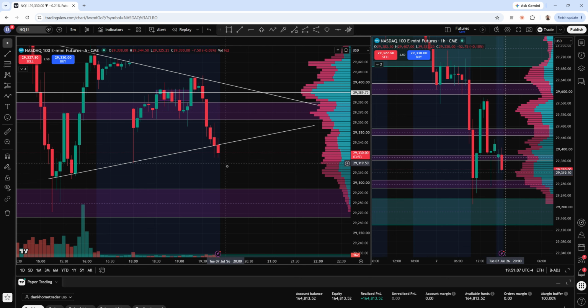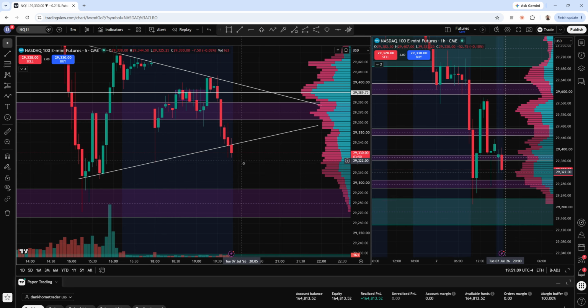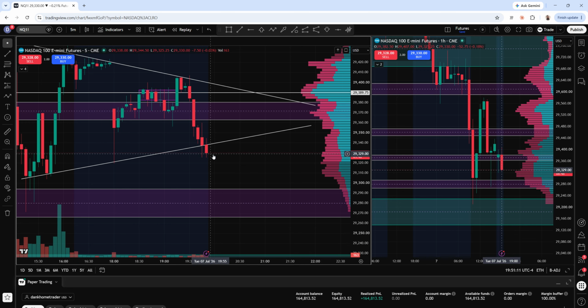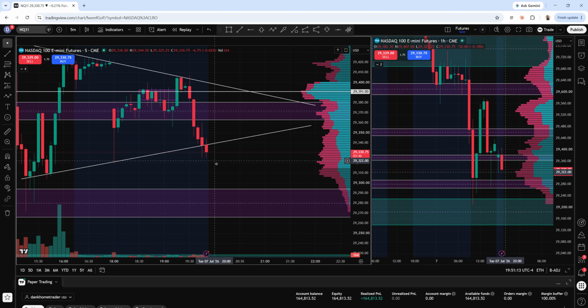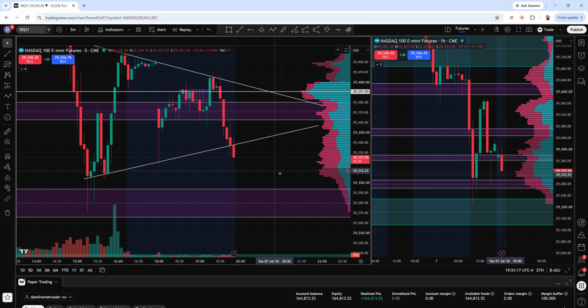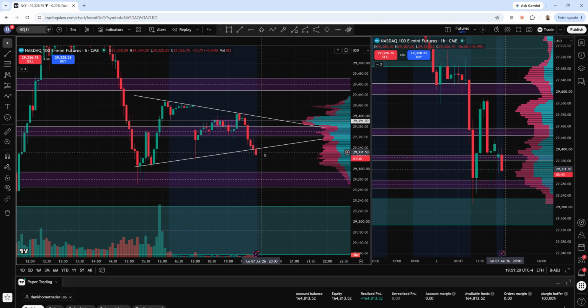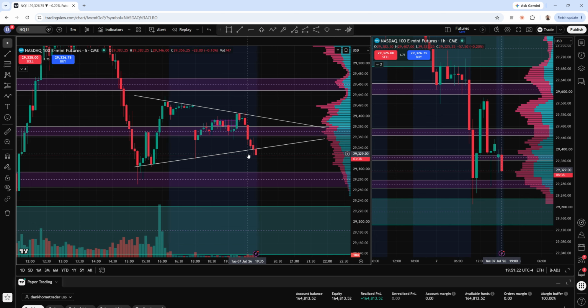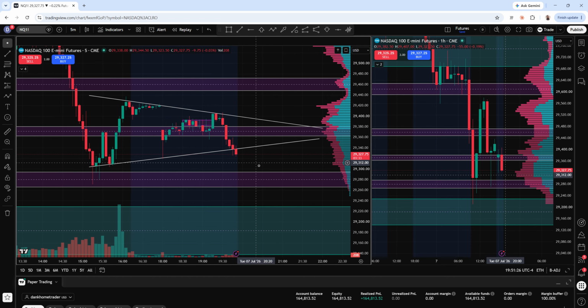So if we sweep this low, then we're now trending with no pullbacks, essentially. But if we can sweep this low, then we can start looking at some downside targets, and we'll let the structure of the candles tell us where it's safe to get in and where we can safely manage our risk.